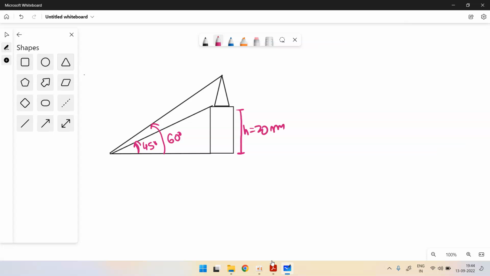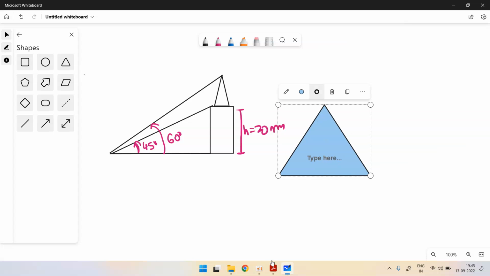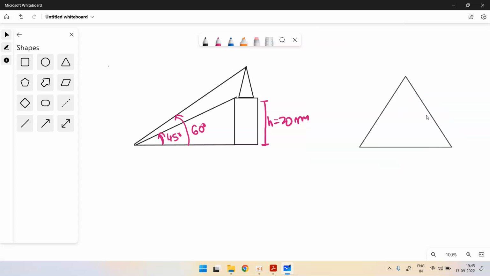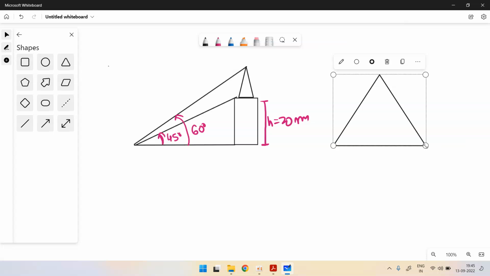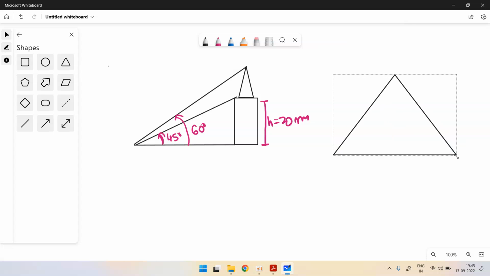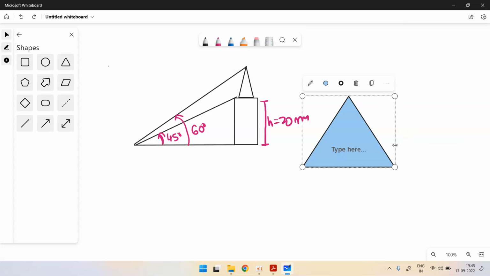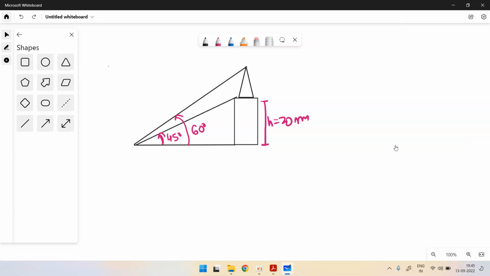Now if you draw this in a triangular form, it will look something like this.